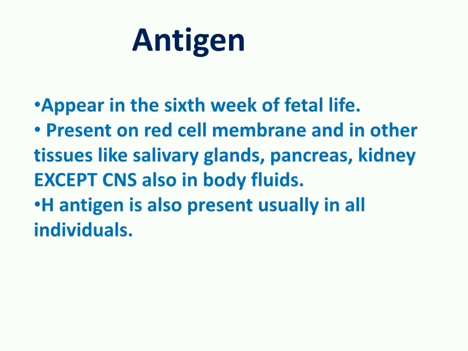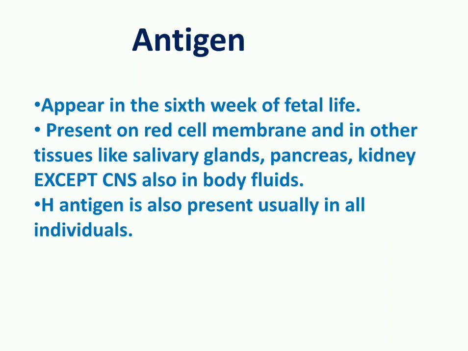Now, ABO antigens, or antigens of the ABO blood group, appear in the 6th week of fetal life. They are present on the red cell membrane and in other tissues like salivary gland, pancreas, and kidneys, but not in the CNS.